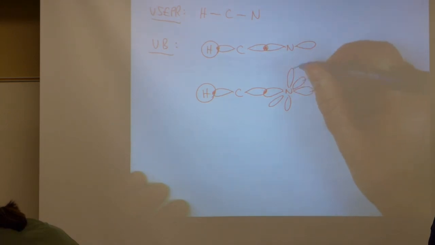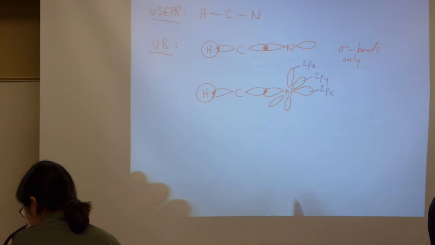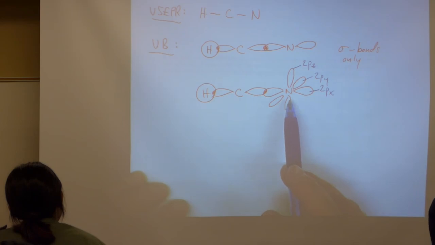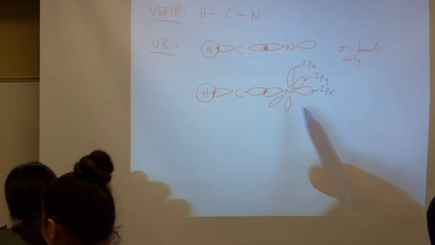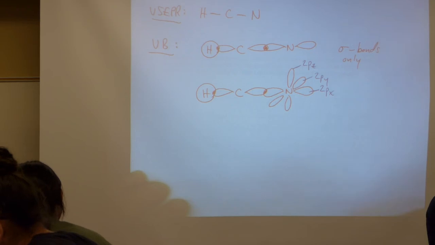We'll call this the 2pz of nitrogen. So the outer atoms don't need to use hybridized orbitals to bond, because they are not central atoms. So with nitrogen, it has 5 valence electrons. We can just say that it's going to use 2p to bond.